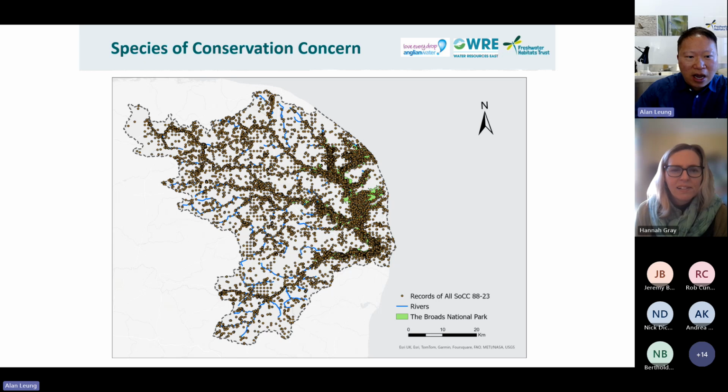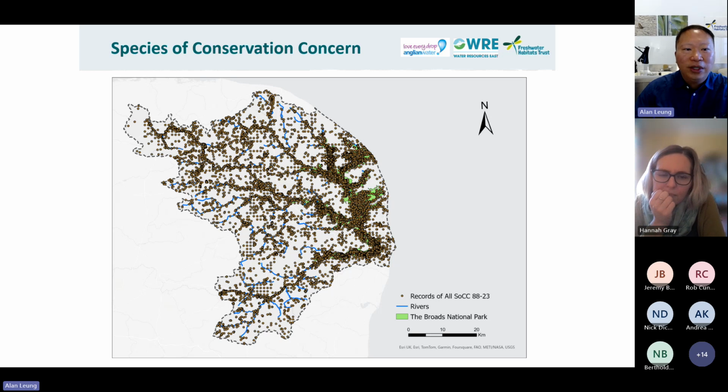You may wonder why certain dots in this map are spaced quite regularly. Actually, they are spaced about 1 kilometre away from each other. It's because when we select the data for the analysis, we try to include a geographical resolution of at least 1 km by 1 km square.